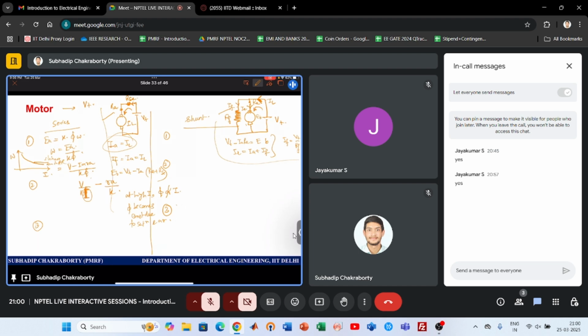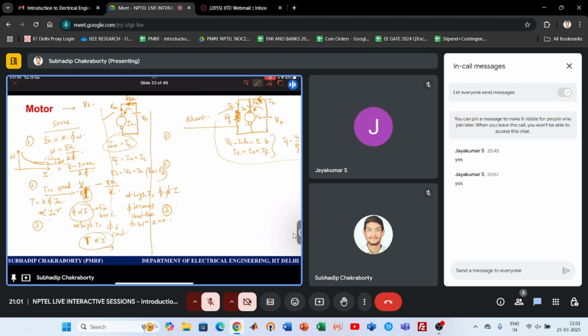Similarly, if you try to determine the torque versus speed characteristics, then torque is nothing but K phi Ia, and you will understand it is proportional to Ia squared, since phi is proportional to I for low I. But as you understand, at high I, flux is constant, so it is linear.